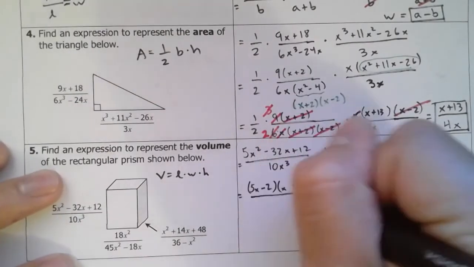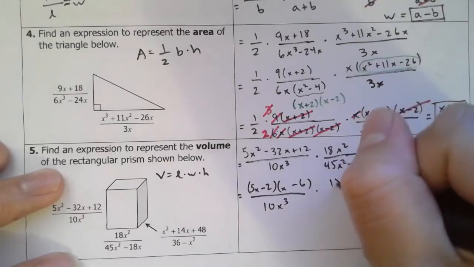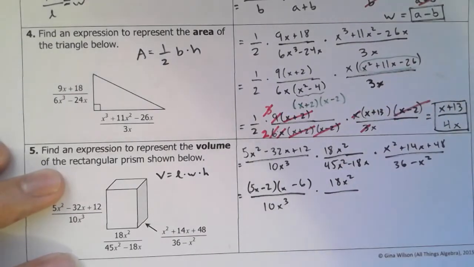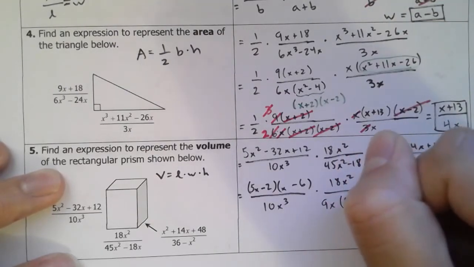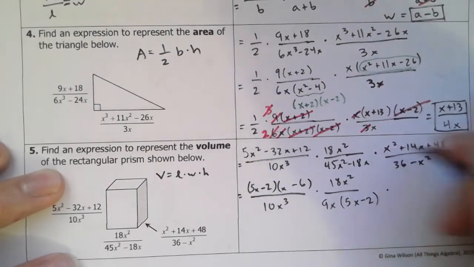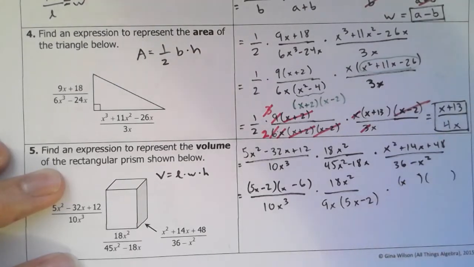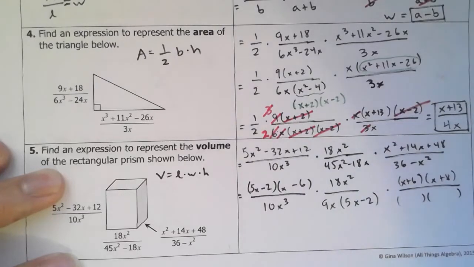And then the bottom, there's nothing I can simplify there. The numerator here as well, but the denominator here I can factor out a 9x, so I get 5x minus 2, and then times this guy on top, it becomes x plus 6, x plus 8, and then this is a difference of squares, so 6 and 6 plus minus x.